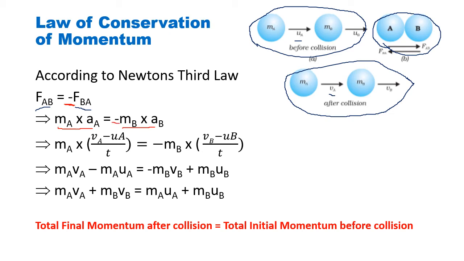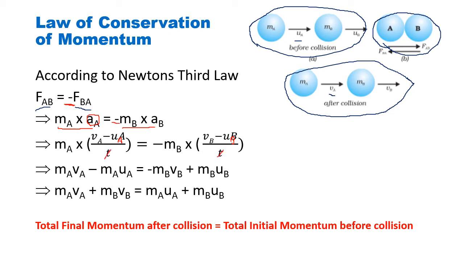Now what is acceleration? Change in velocity. So I write acceleration as final velocity minus initial velocity upon time t. So mA into (vA minus uA) upon t equals minus mB into (vB minus uB) upon t. The t on both sides gets cancelled.